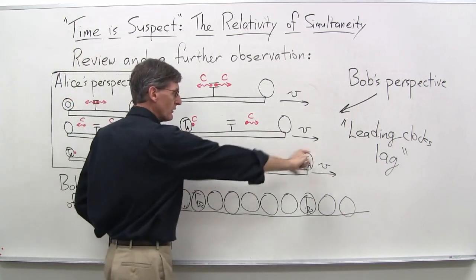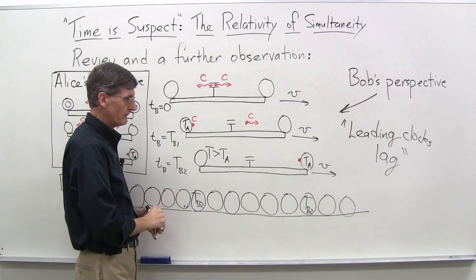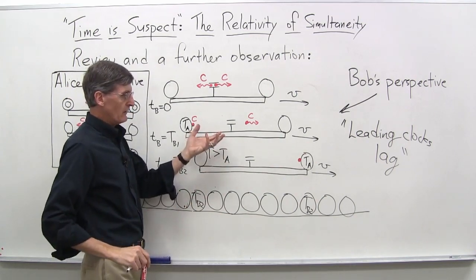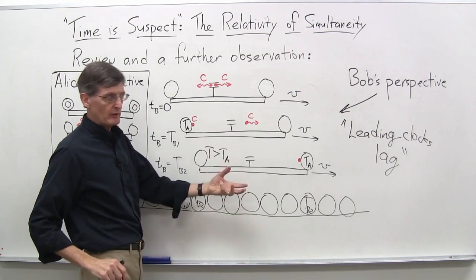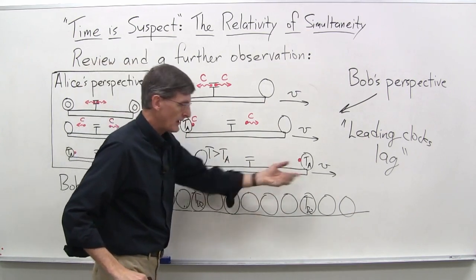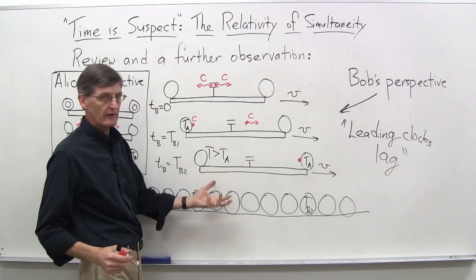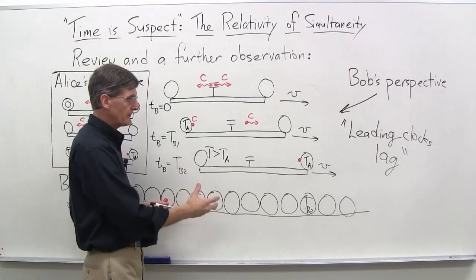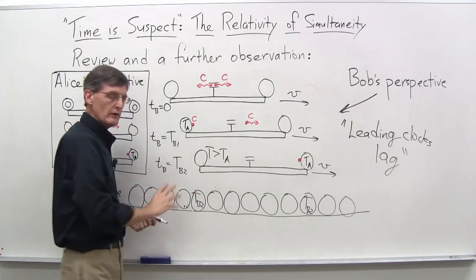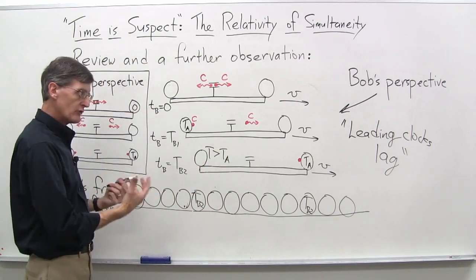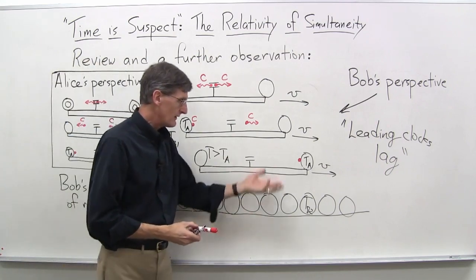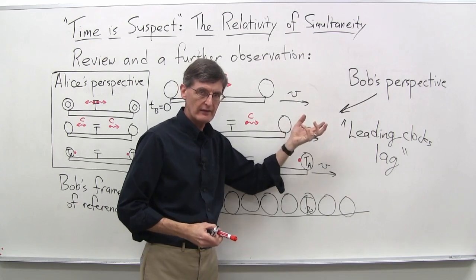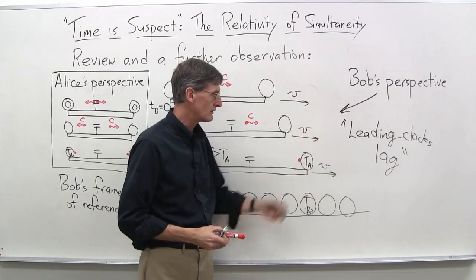If you have Alice flying by, or whoever's flying by, at a speed v that gets up close to the speed of light, in later video clips we will actually look at how fast you have to be going for these effects to start becoming noticeable. But for now, we're just doing it qualitatively. And clearly the weird result here, it takes a while to get our minds around this, is why sometimes it's useful to state it as a succinct principle and just memorize it: leading clocks lag.